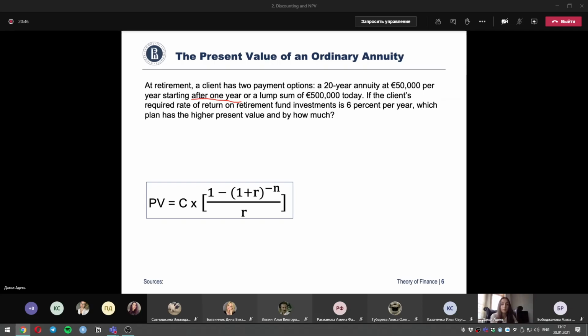Or a lump sum, which means just a total sum of 500,000 euros today. If the client's required rate of return on retirement fund investments is 6% per year, which plan has the higher present value, and by how much? So which plan should he choose?